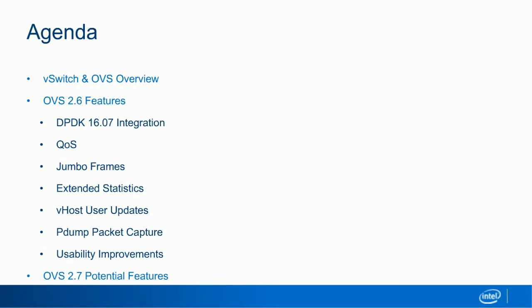Then we look at some of the new features available in OVS 2.6, starting with DPDK 16.07 integration. Followed by this, we look at quality of service, jumbo frames, extended statistics, and the multiple vHost user updates that we've included in 2.6. We look at the pdump functionality, and finally some usability improvements.